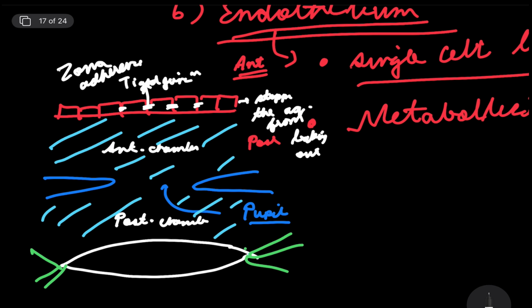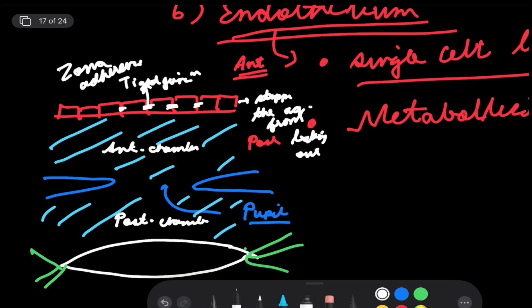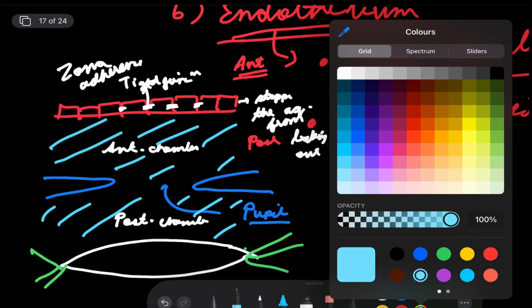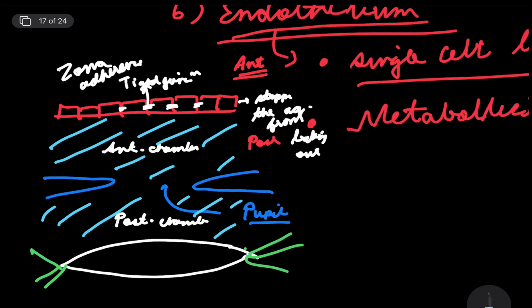Otherwise, what will happen? If these tight junctions were compromised in any way, the aqueous will leak out. And then what will happen? They'll move into the cornea. So what is the problem if aqueous leaks into the cornea? I've already said that the cornea is transparent.